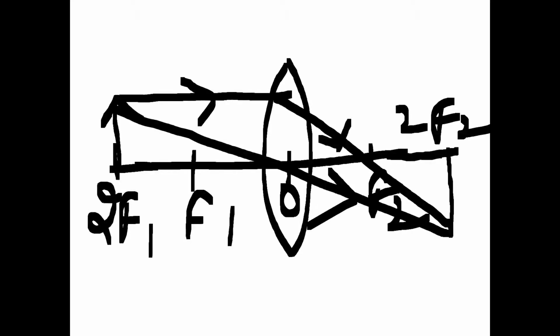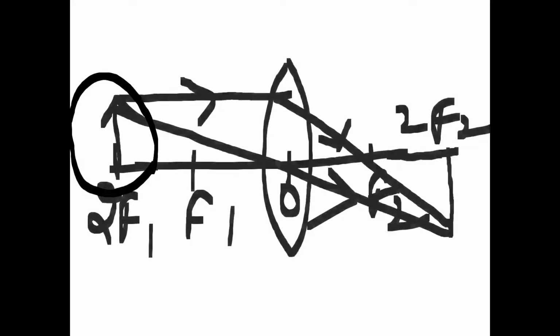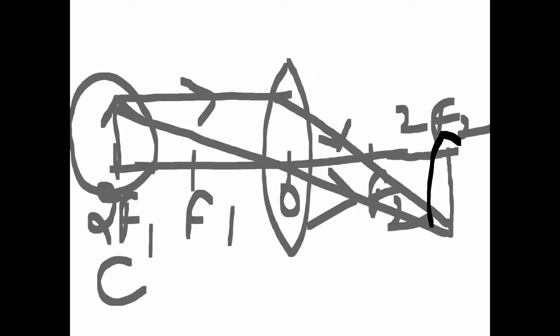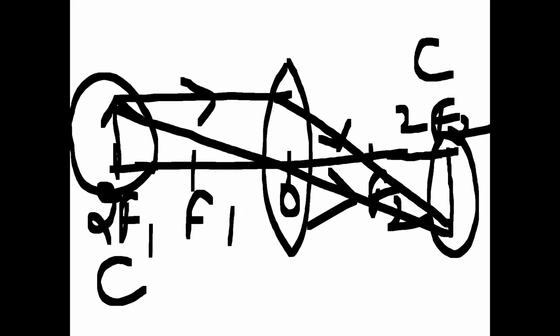Means if the object is placed at 2f1 or C, the image will also be formed at C. Again it will be real and inverted. It is used in the terrestrial telescope. This kind of image you can see in the terrestrial telescope. Once again, what will be the nature of the image? Real and inverted.